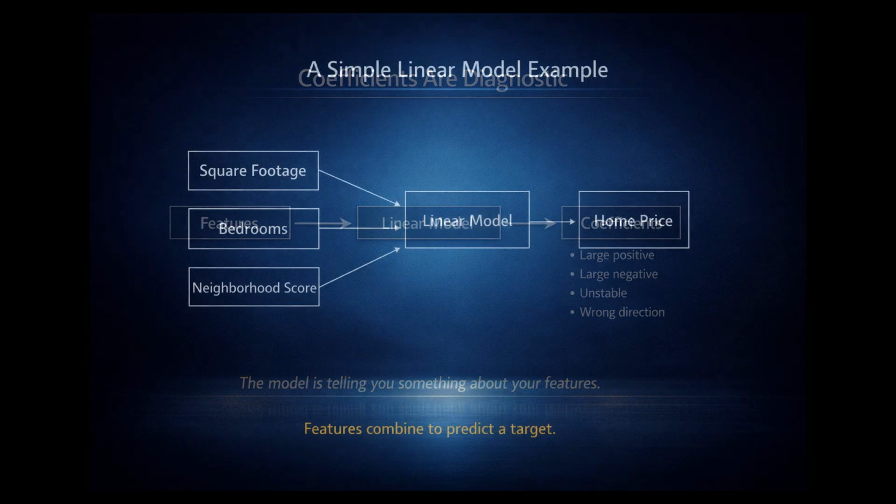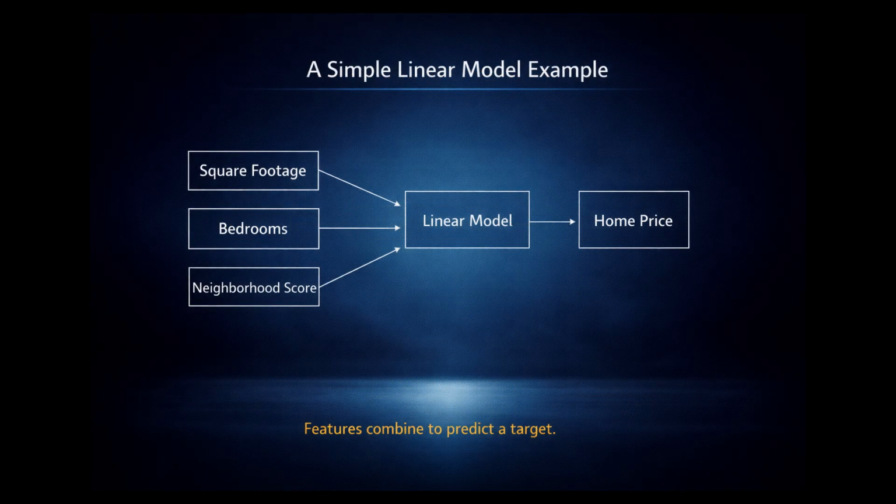features you gave it. To build intuition for linear models, consider a simple housing price example. 3 features: square footage, number of bedrooms, and a neighborhood score. 1 target: home price. The model's job is to find the weights that best explain the relationship between those inputs and that output, minimizing the gap between what it predicts and what the prices actually are.